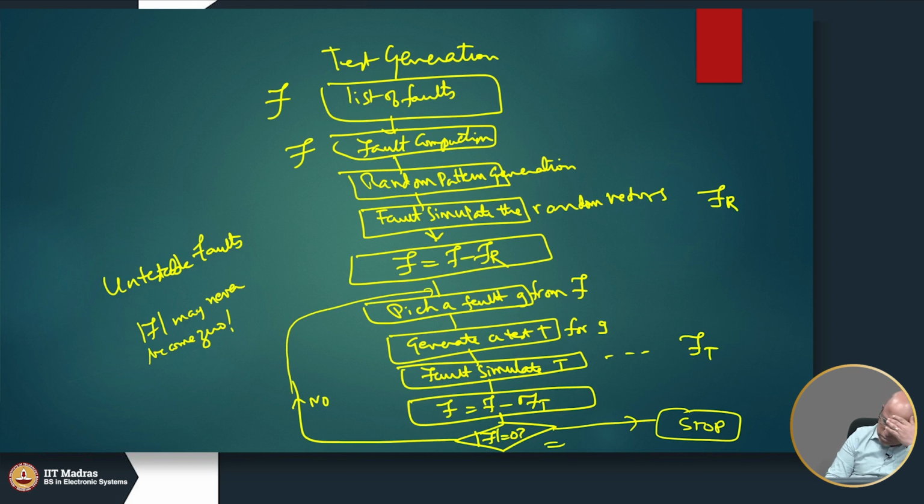So, we have to be aware of this, right, and during test generation, suppose the tool can prove that there is no test, then it will classify it as an undetectable fault. Okay. When we say generate a test T for G, maybe we realize that G may not be testable at all.